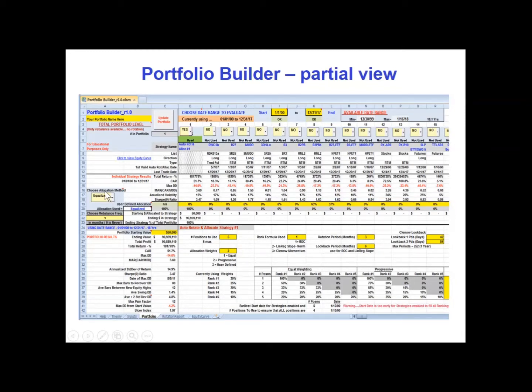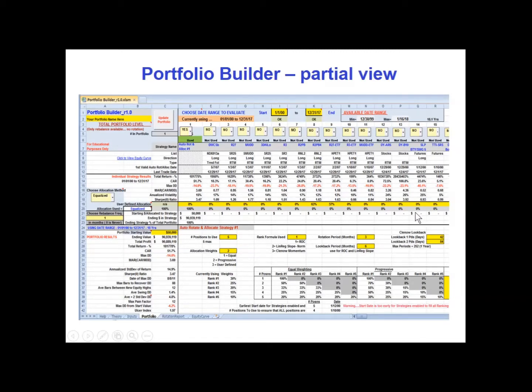Just like in the gizmo, you've got equalize and user defined. If you use equalize and you pick 5, then it's going to give them all 1/5, the weight of the money. If you pick user defined, then you have to go in this yellow line and type in what percentage of the funds you want to allocate.